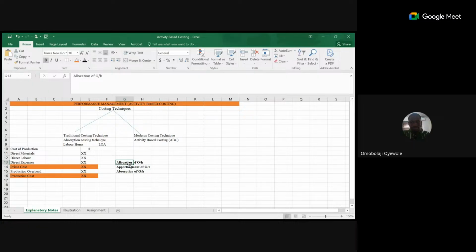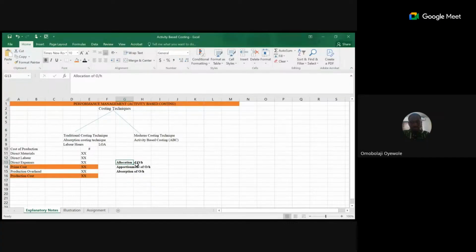Now, apportionment of overhead means that an organization or department incurs, or more than one department incurs, one overhead. For example, rent as an overhead is incurred for the organization as a whole.